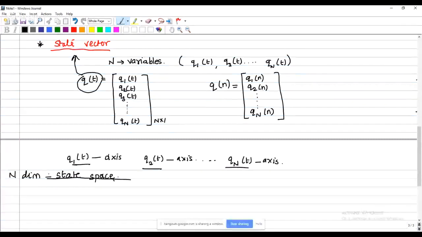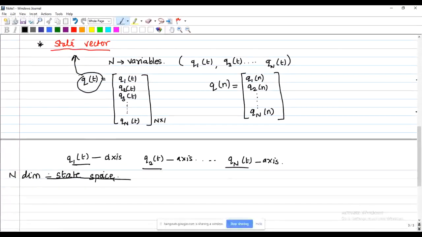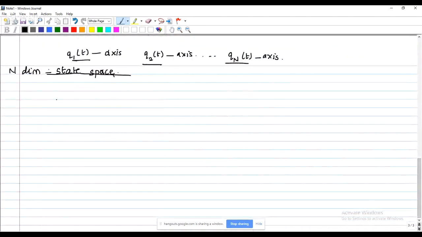Okay, so let us take it ahead and check how to use this concept in the actual representation of an LTI system. So now we are using state space. This is a very important concept from the exam point of view.